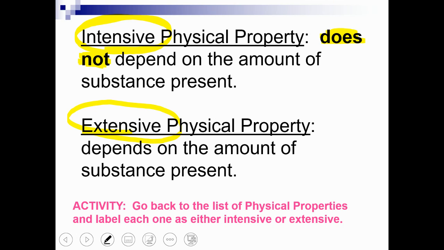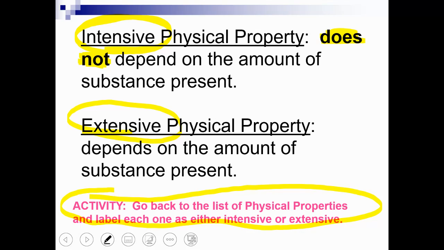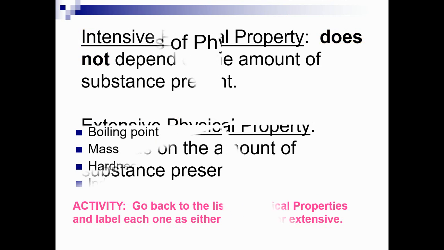Okay, so these two different types of physical properties, what I want you to do is we're going to go back. Okay, see this right here? Go back to the list. I'd like you to write that list down in your notes. And I'd like you to try to identify each one of those as either an intensive physical property or an extensive.